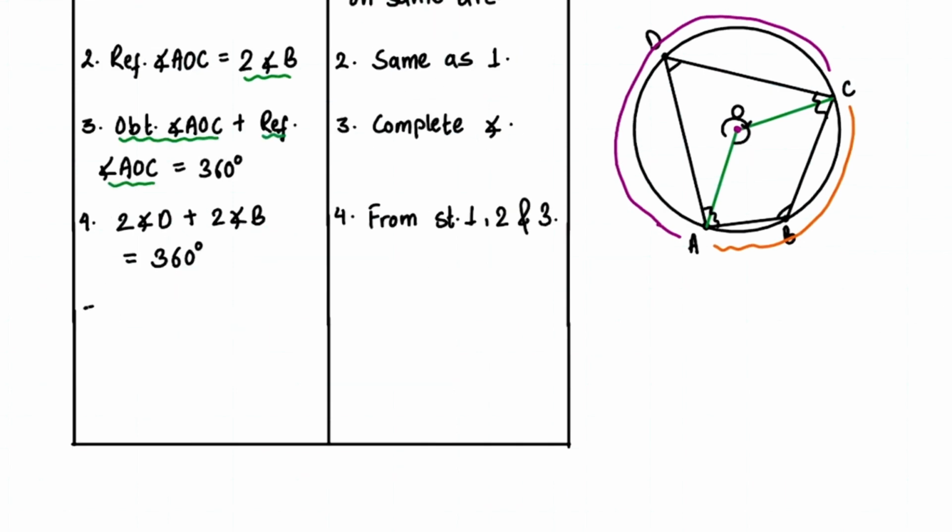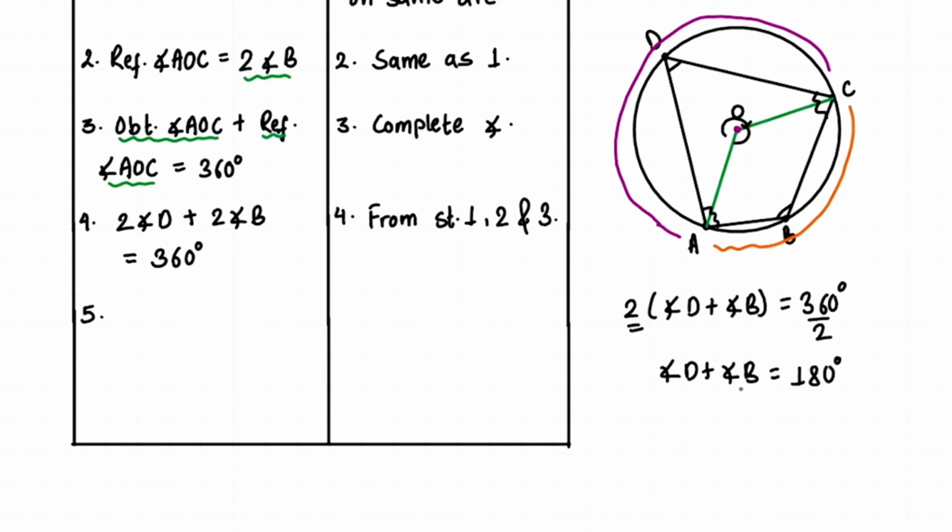Now, in our number 5, if we solve this, we can take 2 as our common, which will give us 2 times angle D plus angle B is equal to 360 degrees. When this 2 goes to that side, it's going to be divided by 2, and we get angle D plus angle B is equal to 180 degrees.